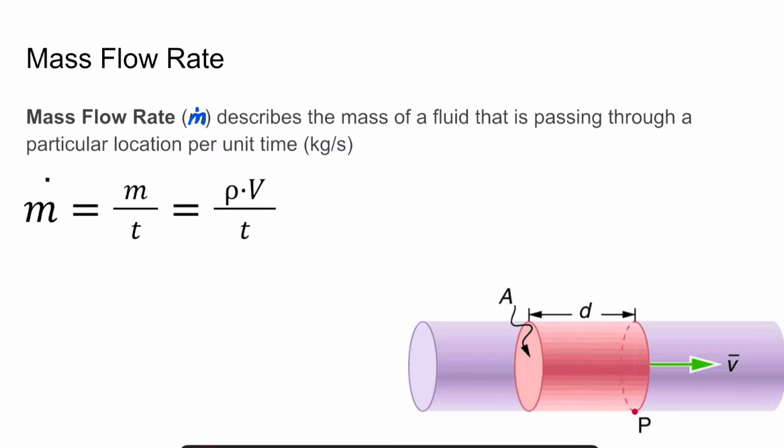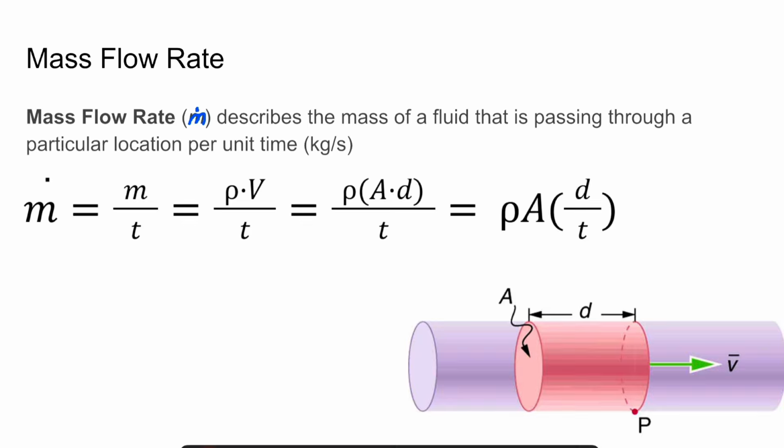And since we already had our Q, we know that Q is volume over time. All we need to do is multiply that times density. Since density times volume is our mass, that gives us our mass flow rate. So this is equal to density times area times distance over time. And this we can convert back into velocity because we know that, again, distance over time is velocity.